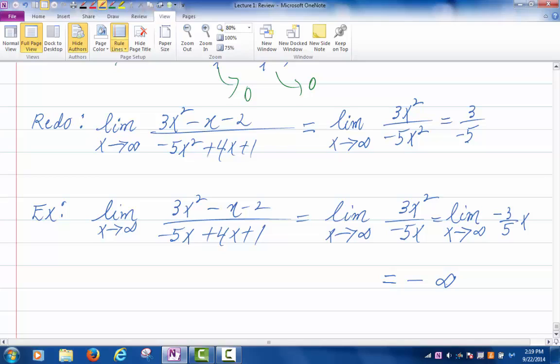Would you simplify it out to get negative 5x plus 4x plus 1? Going from here to here, I am not doing algebra. So this fraction is not equal to this fraction. What I'm saying is that the limit of this fraction is determined only by the dominating term.